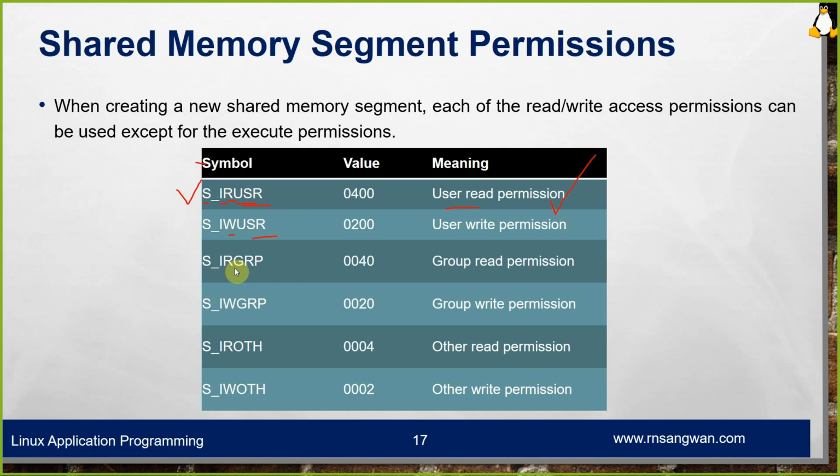W for write, and G for group. First is user, group, others. R for read, W for write. So now it becomes easy: user read, user write, group write, other write. These are the corresponding octal values.